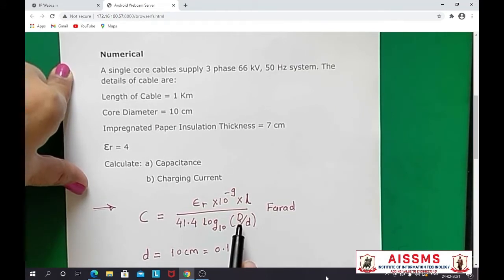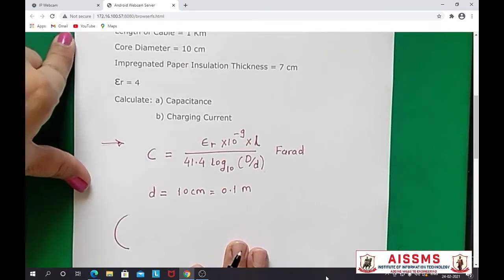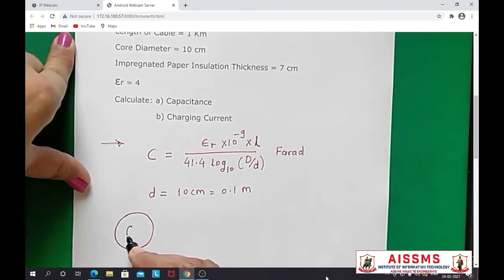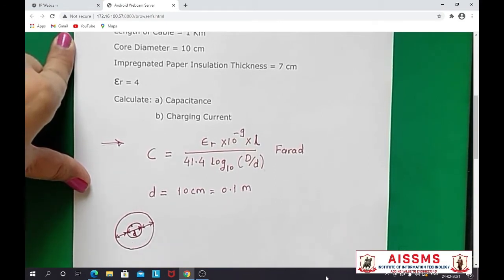Diameter of the cable is not given, but the thickness of insulation over the core of the cable is given, and it is 7 centimeter. So if this is the cable, with this core inside it, then the diameter of the core, that is small d, is given, and the thickness of the insulation over this core is given.